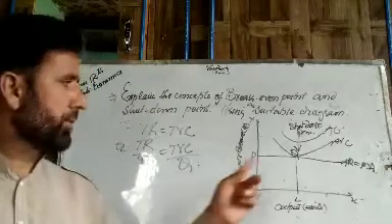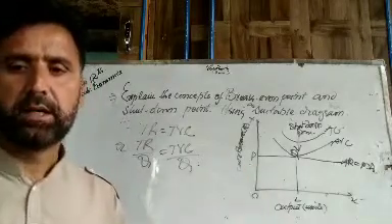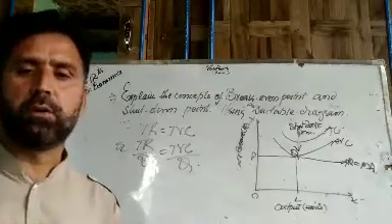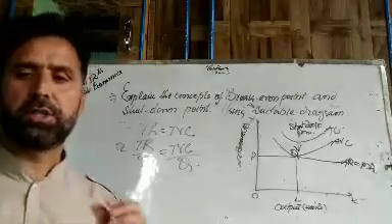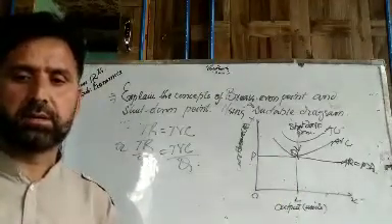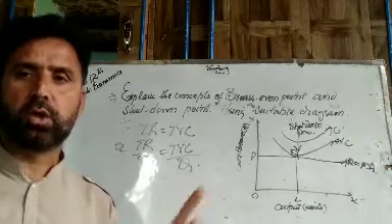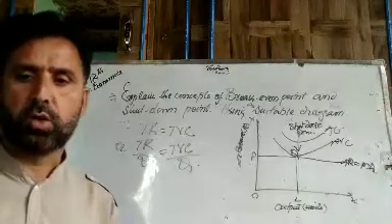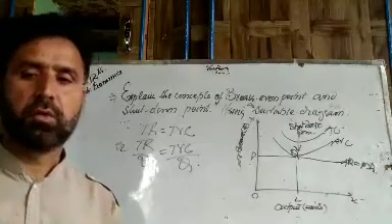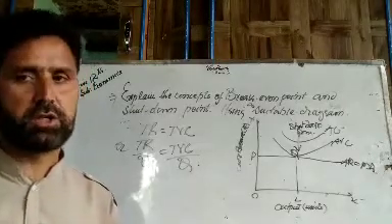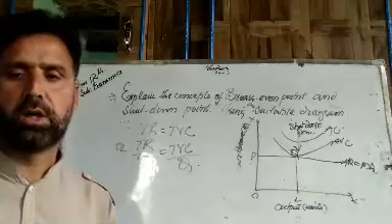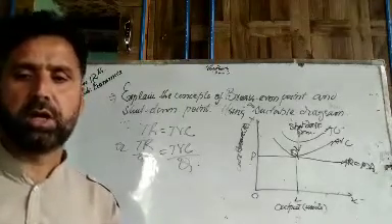Dear students, this figure illustrates that the situation of the shutdown point is struck at the point Q, where price is equal to average variable cost, which is equal to LQ, which is equal to OP. A firm is operating with a price just covering its average variable cost. Thus, price, average revenue, is equal to OP, and average variable cost is LQ.